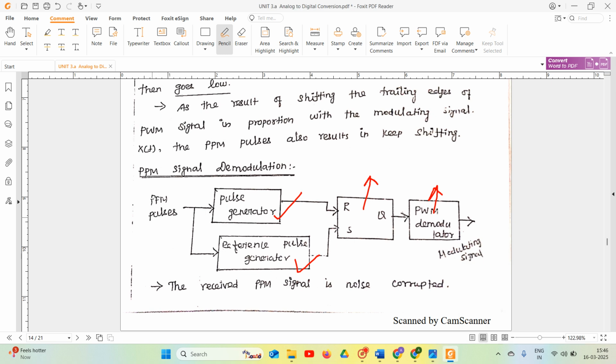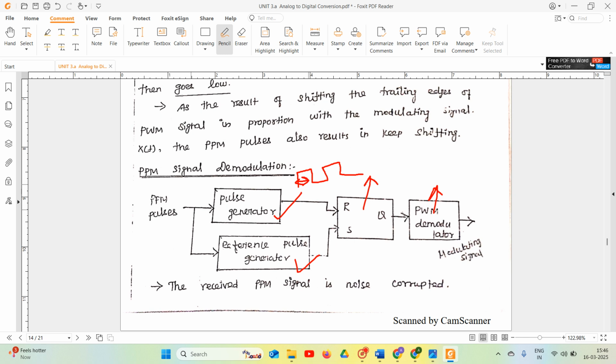Here I will give the generated PPM pulses as an input to the pulse generator. It will generate rectangular pulses with some constant amplitude and fixed pulse width duration, right?